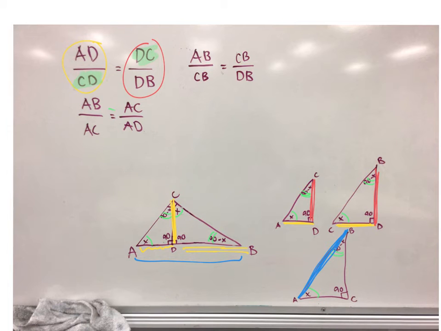And I'm talking about DB here. That's the only place that I see DB. So it looks like I'm comparing the hypotenuses, AB to BC, and then BC or CB to DB. And those are comparing two parts in these two triangles, my medium triangle and my large triangle, if you want to label them small, medium, and large. So BC ends up being the connector here.